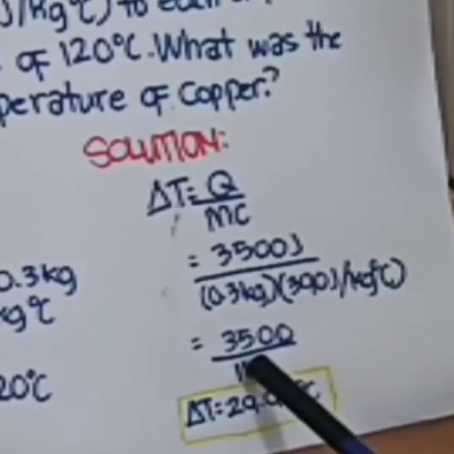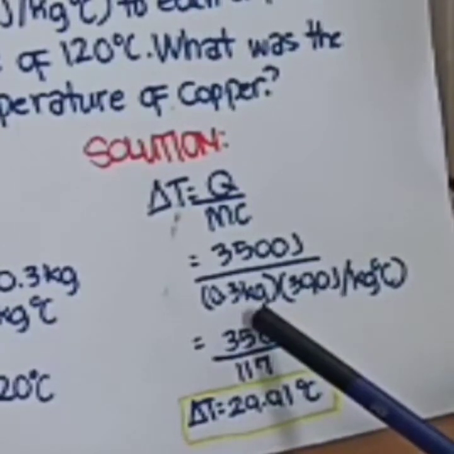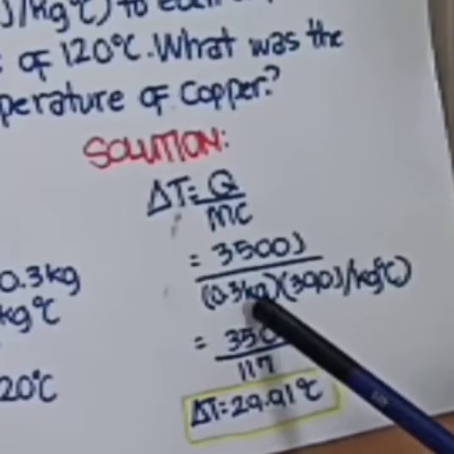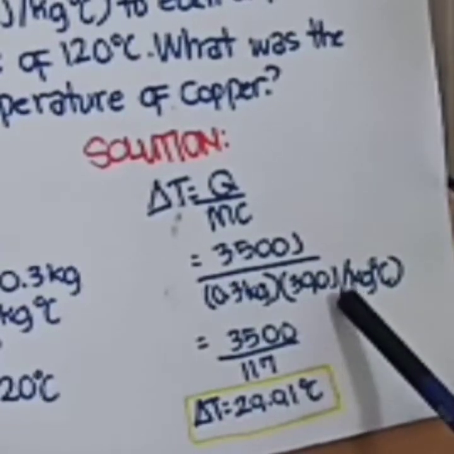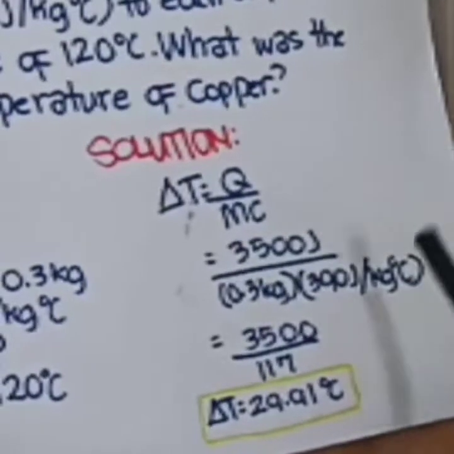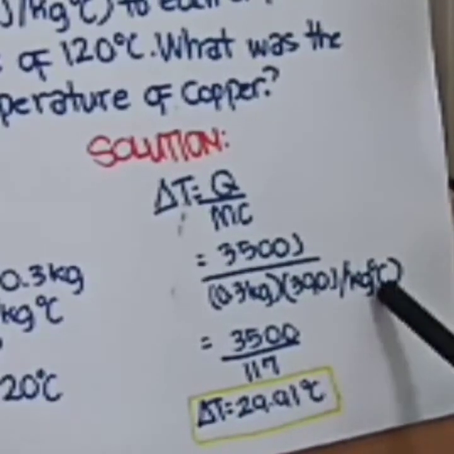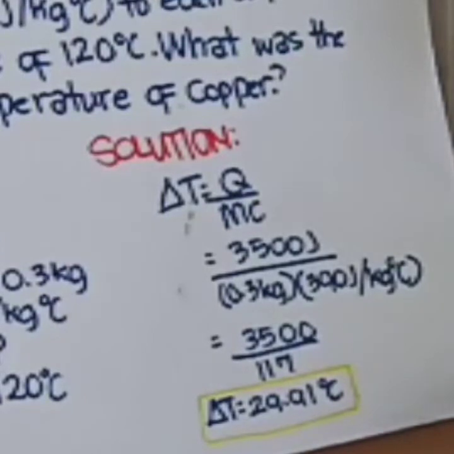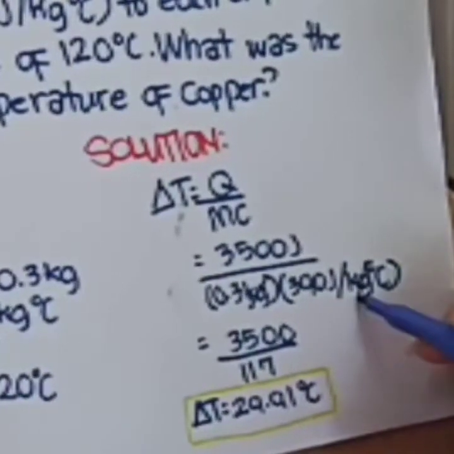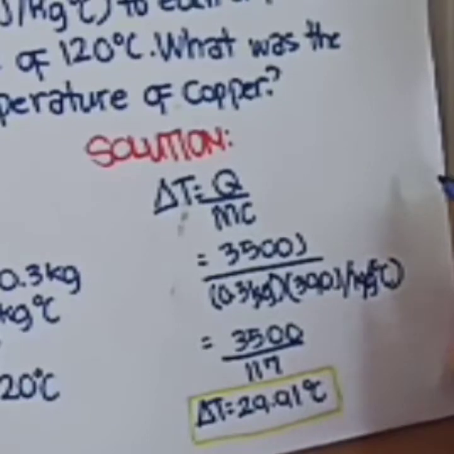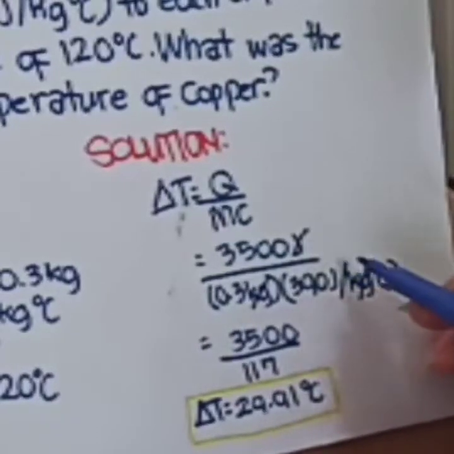So we're going to multiply the 0.3 kilograms times 390 joules per kilogram degrees Celsius. First, we're going to cancel the kilograms and the joule.